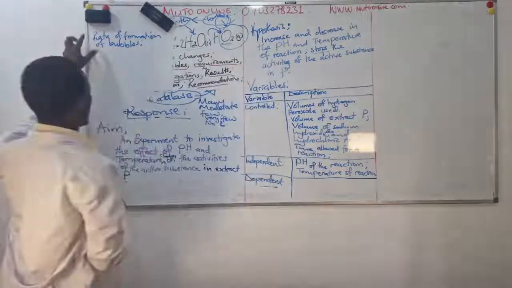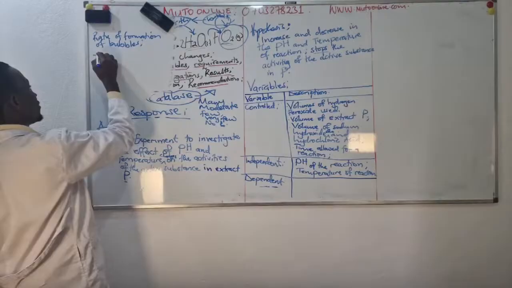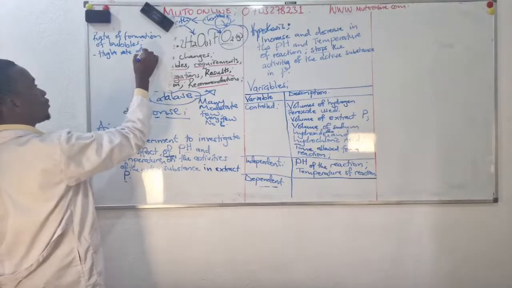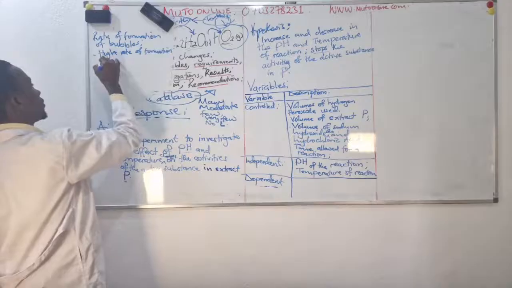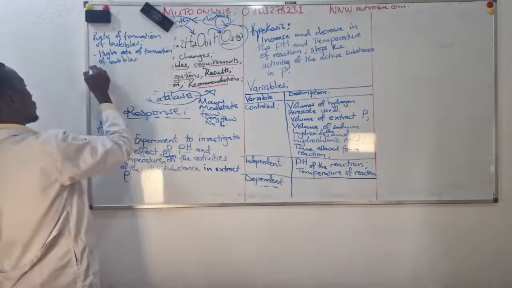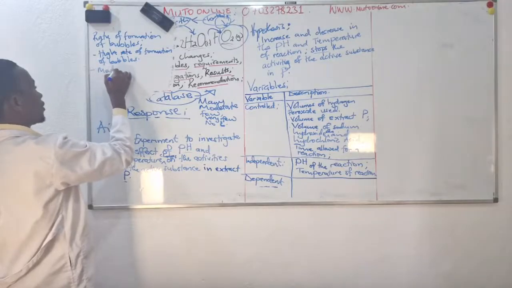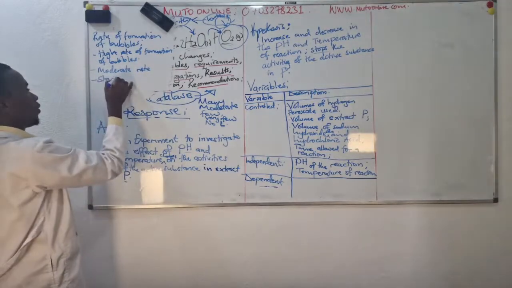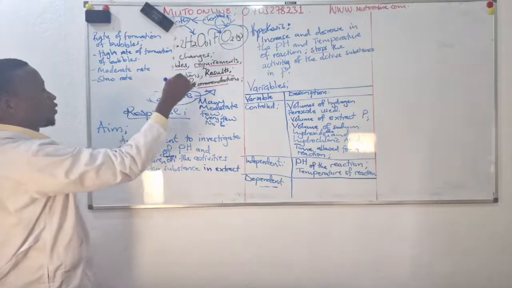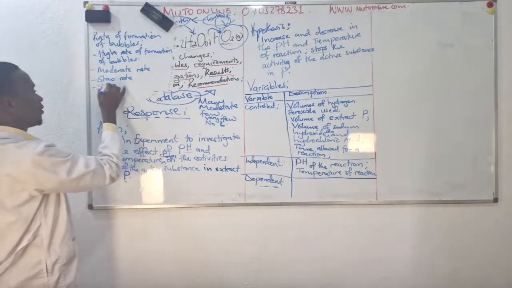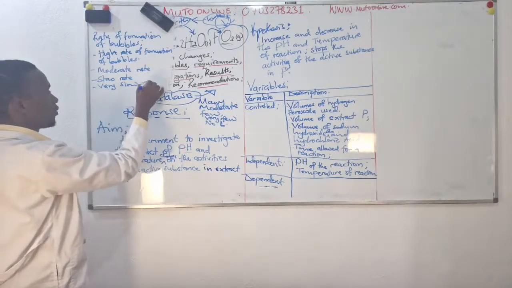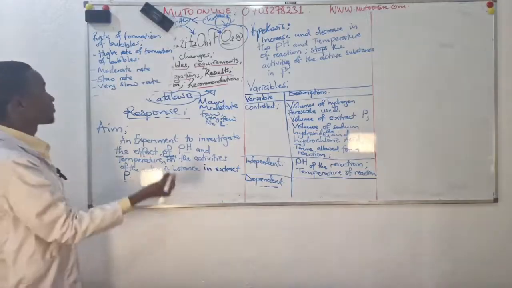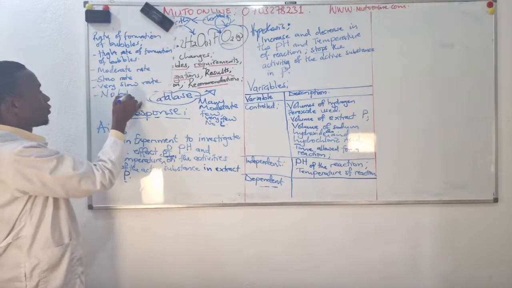I've given you many options: a high rate of formation of bubbles, a moderate rate, a slow rate, a very slow rate, or no bubbles formed.